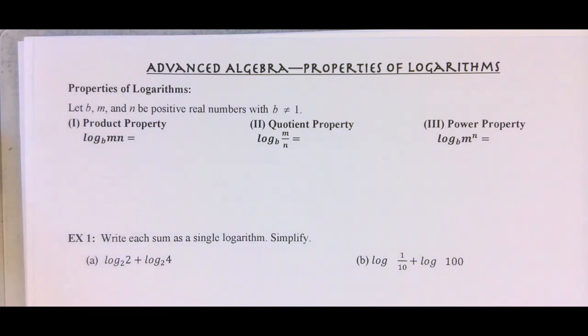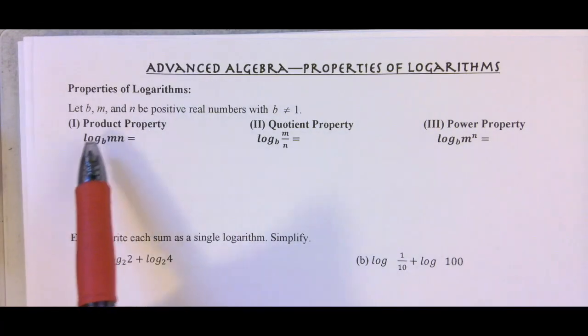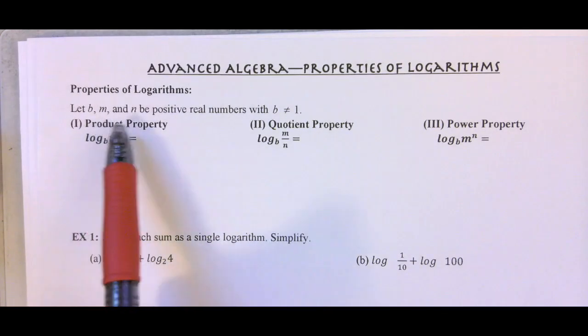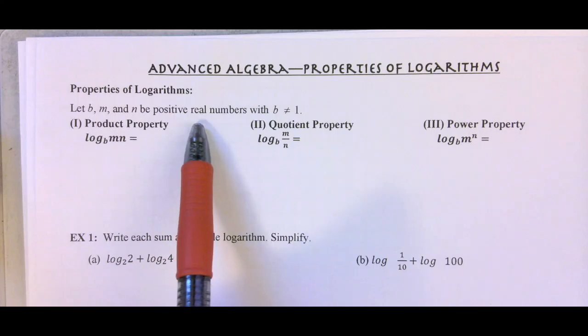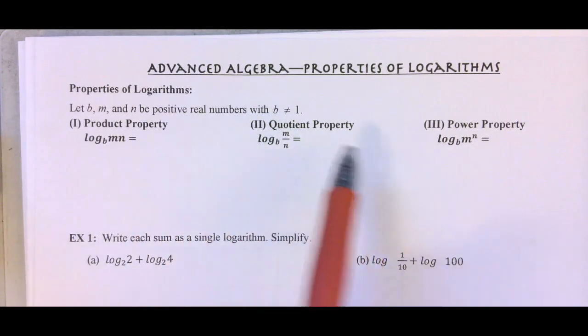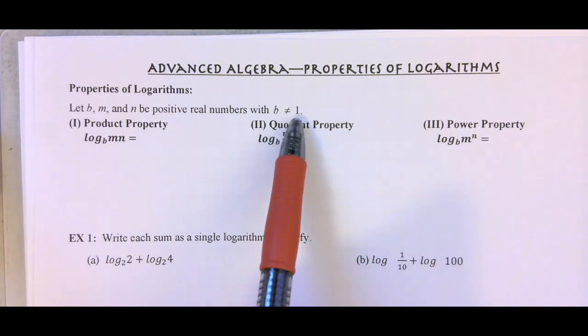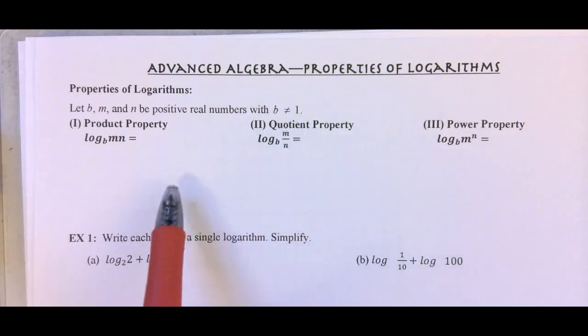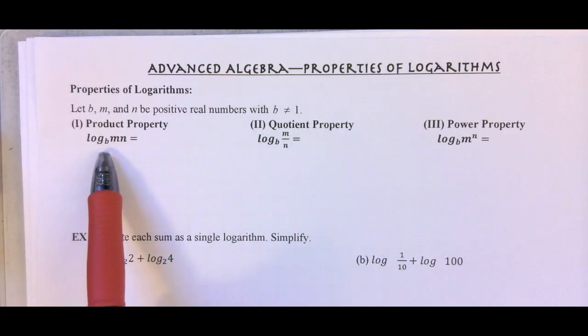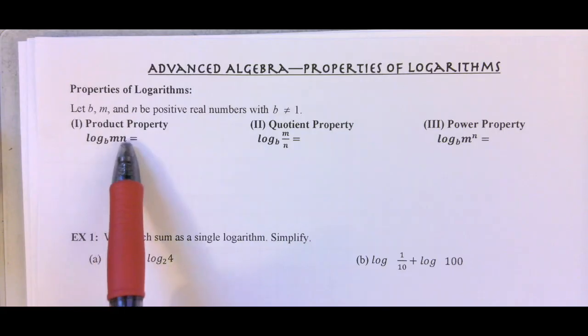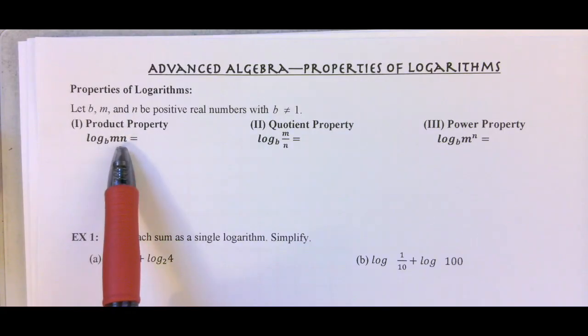All right, so first we have three different properties. Let b, m, and n be positive real numbers, and the base of each log can't be 1. First we have the product property. Log base b of m times n. What's in the argument position is a product, numbers being multiplied.